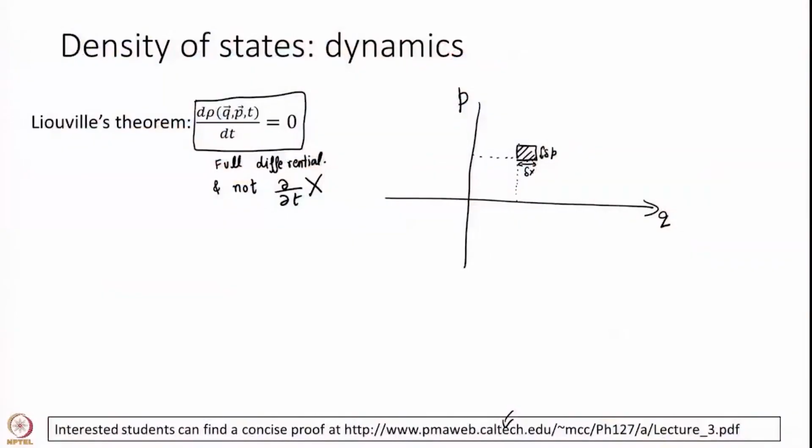Each particle in this box is having some dynamics and I end up getting a new box that perhaps looks like this, with some new delta q prime and with some new delta p prime. Liouville says that delta q into delta p is equal to delta q prime into delta p prime. So, the volume of this little box does not change with time.